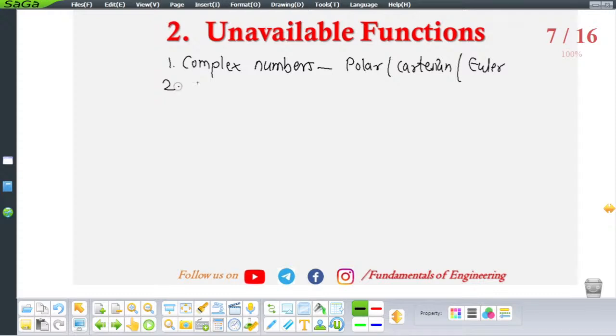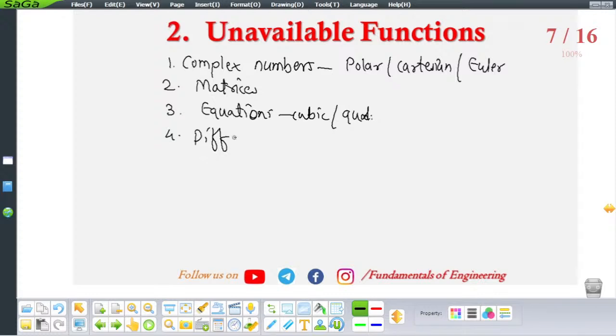Then for matrices, these functions are not available in this scientific calculator. Then equations like cubic or quadratic, these functions are not available. Then differentiation and integration, these functions are not available in the scientific calculator.